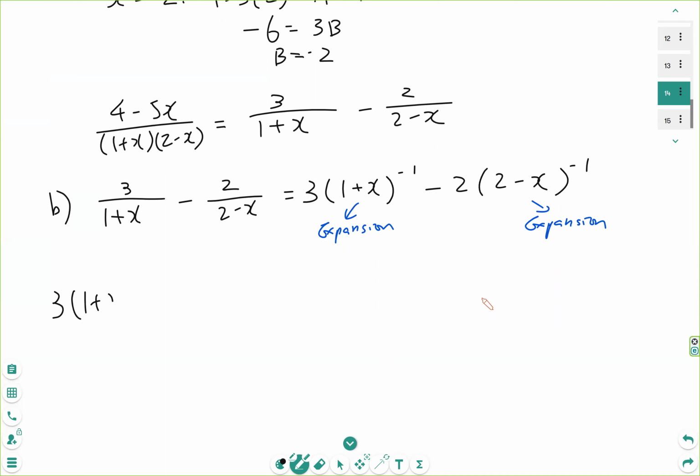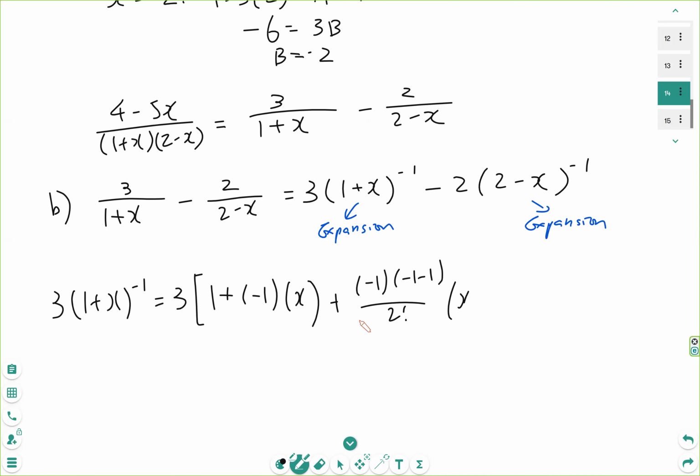3 times (1 plus x) to the power of minus 1 is equal to 3 times the expansion. If you want to do it, pause the video and do that. So 1 plus nx plus n(n minus 1) over 2 factorial x squared plus n(n minus 1)(n minus 2) over 3 factorial times x cubed.